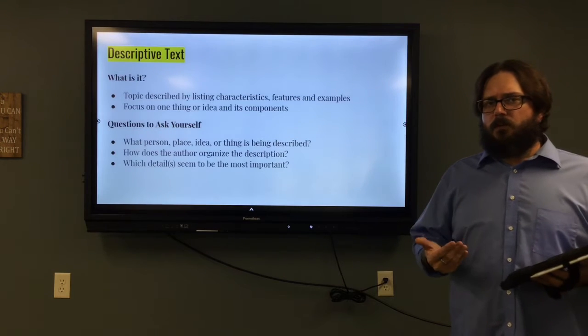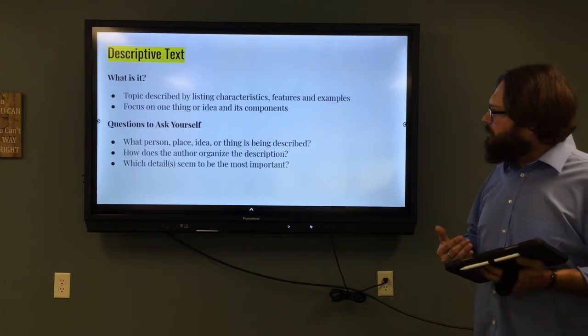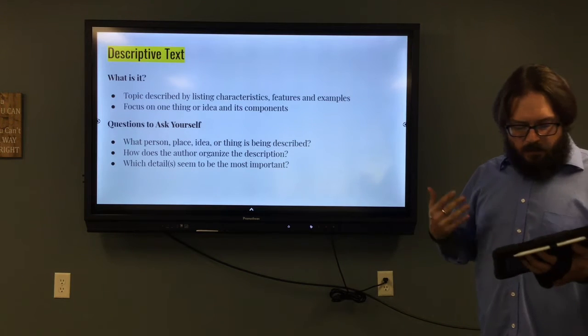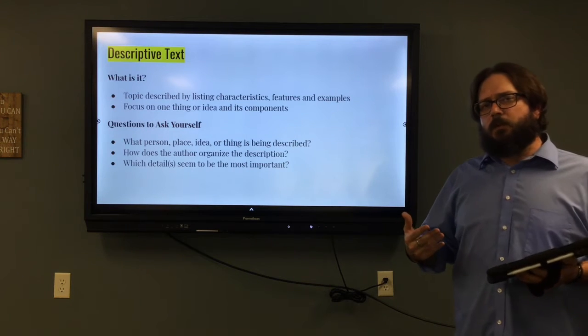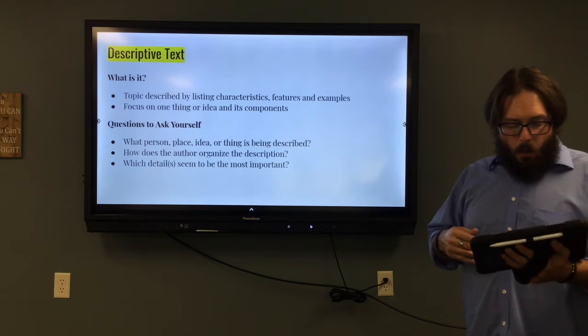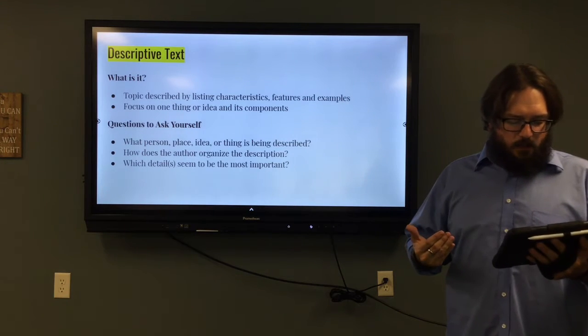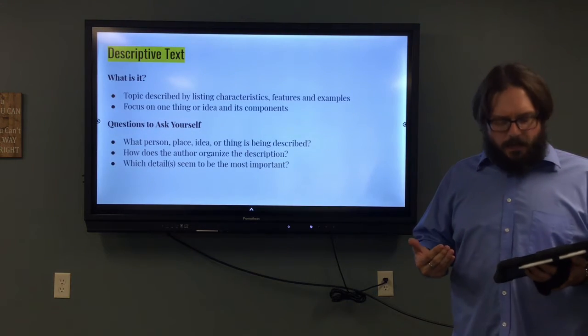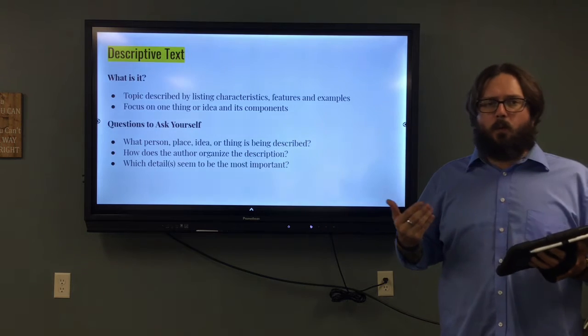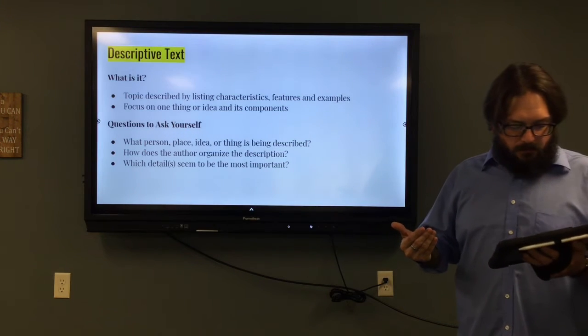When working through a descriptive text, it's important that you ask yourself questions. Some common questions that we could ask as we are reading a descriptive text will be, what person, place, idea, or thing is being described? Maybe we could ask, how does the author organize the description?